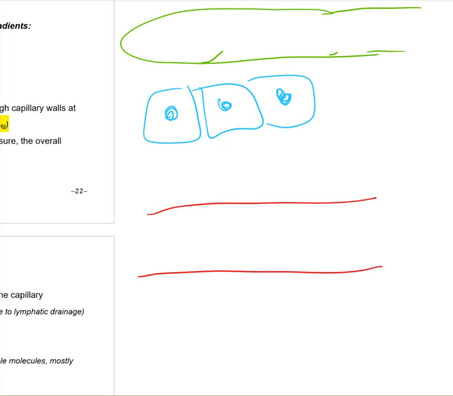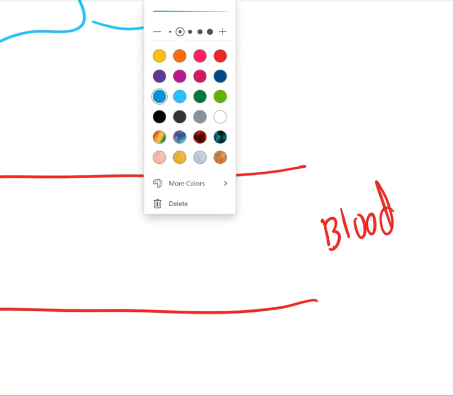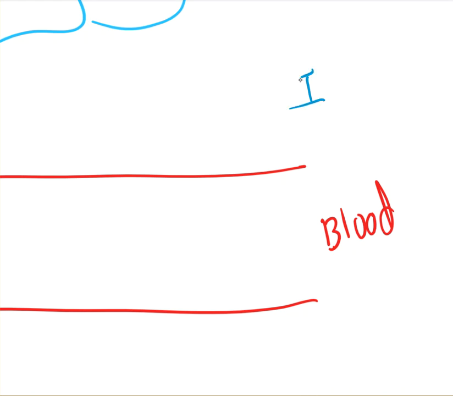So we're going to draw a lymph vessel, okay? So we've got blood vessel. Let's put a blood cell in here so we know what we're talking about. There's a little blood cell. We've got interstitium. So here, let's write in what we have. So we have blood, interstitial fluid.